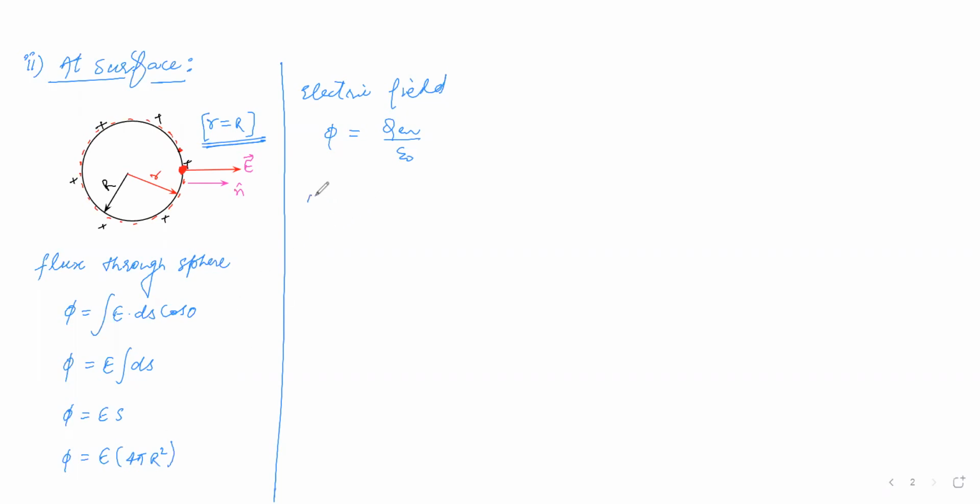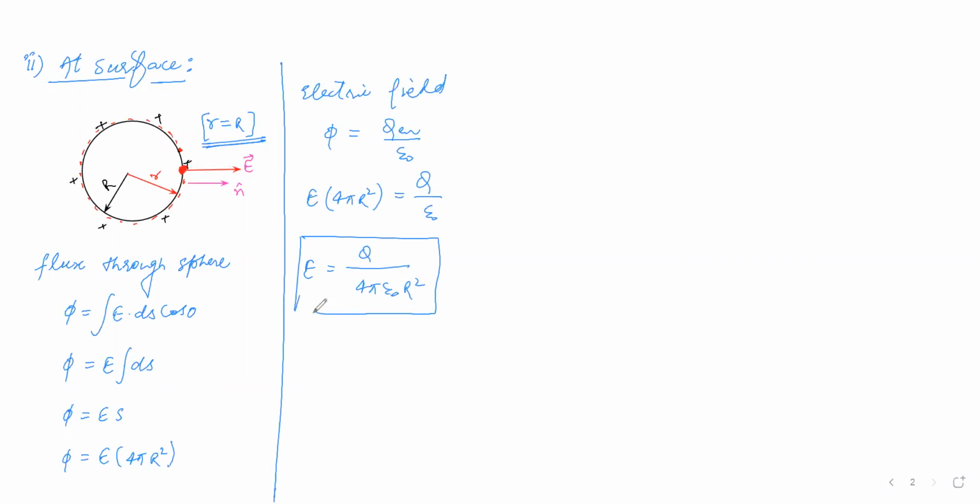You can put here directly the value of phi E into 4 pi r square is equal to Q enclosed, which is Q over epsilon naught, and E will be Q over 4 pi epsilon naught r square. This is your value of electric field due to this conducting sphere at the surface.